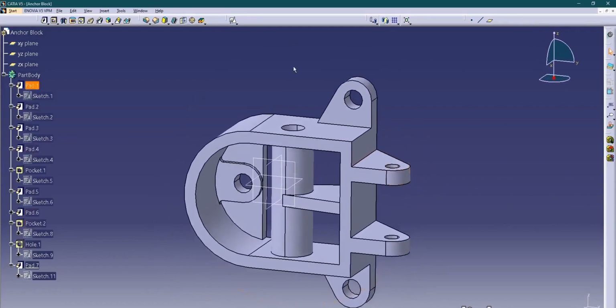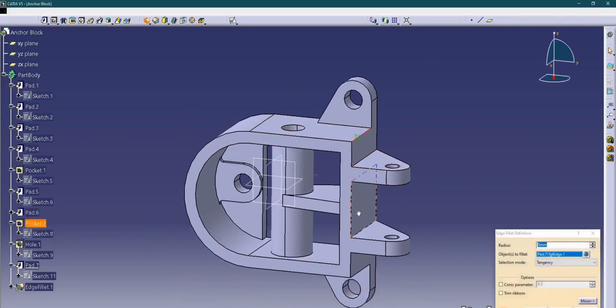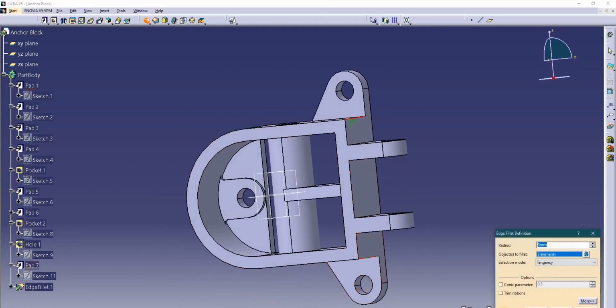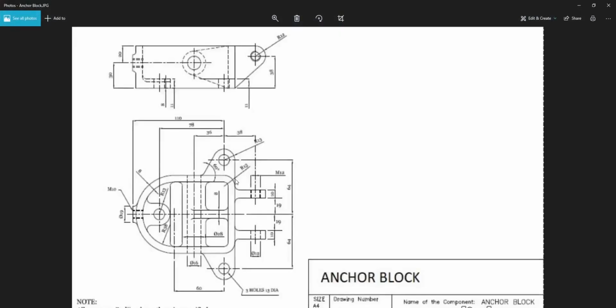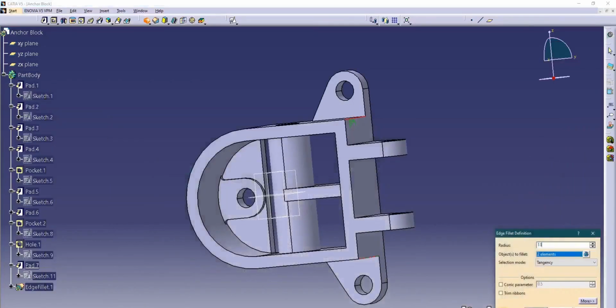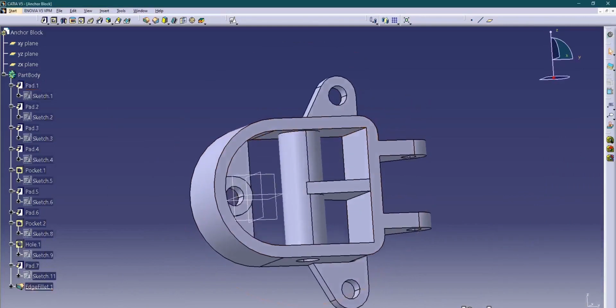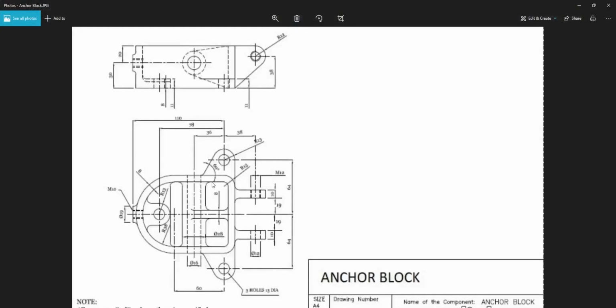Now giving it the edge fillet of R13, and the edge fillet of inside edges is not given, so assuming it to be 5 mm.